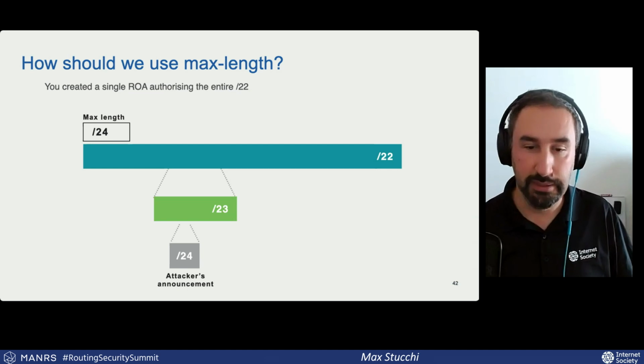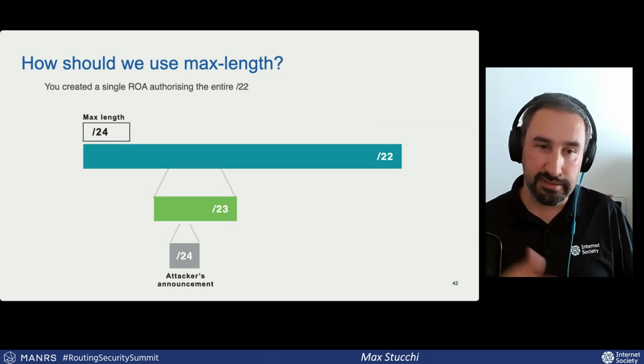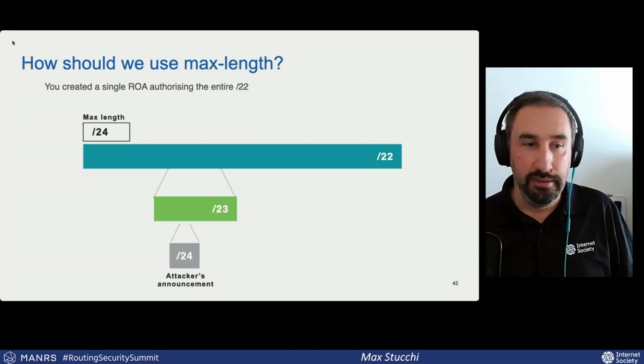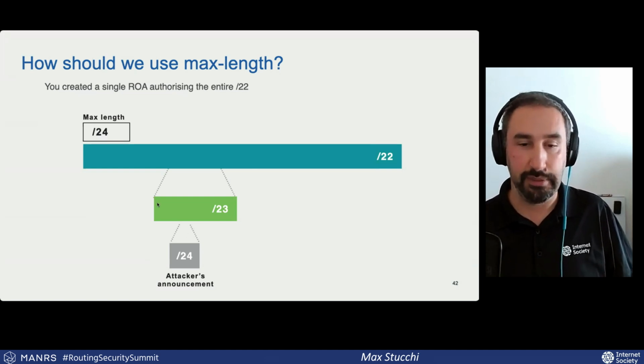So imagine I have my own ASN, and I see that there is this network that is announcing a /22 with a max length of a /24. And there is a /23 as well, but no /24 is being announced on the internet.